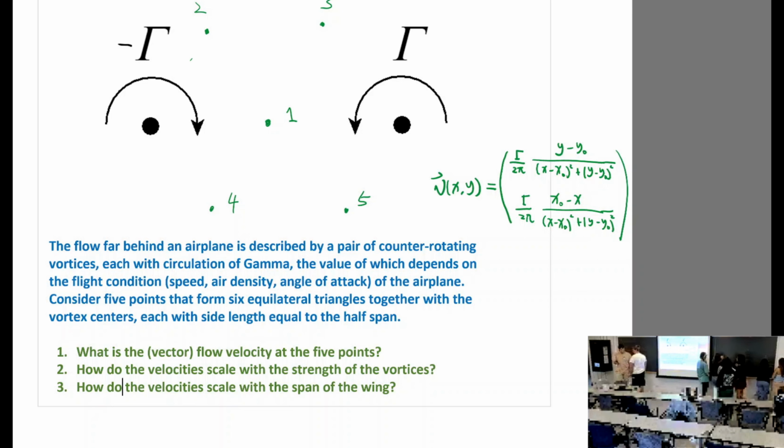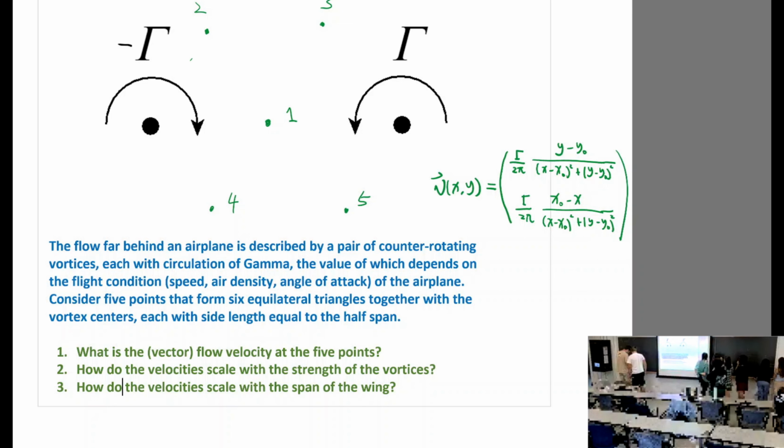Yeah, so X0 is going to be minus L and Y0 is 0. If you want to do things precisely, X0 for the left vortex is going to be minus L, Y0 is going to be 0.